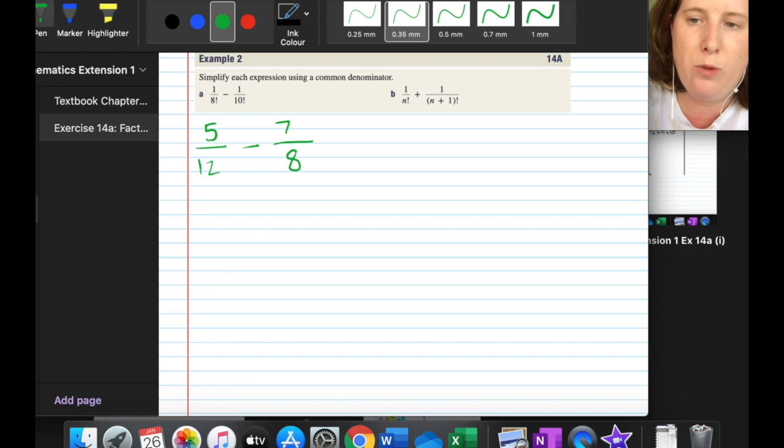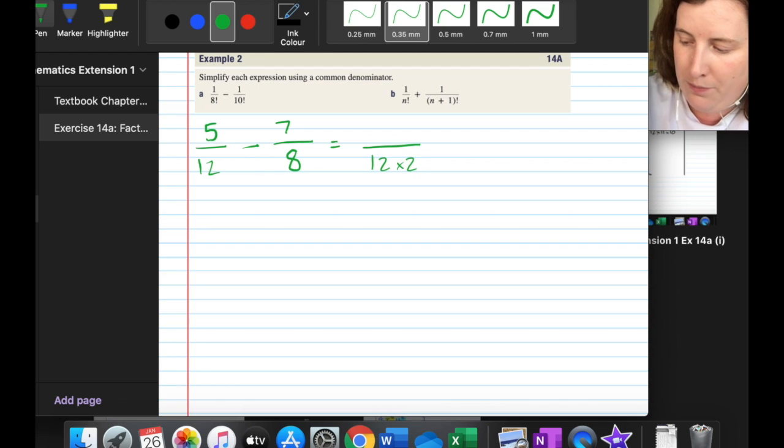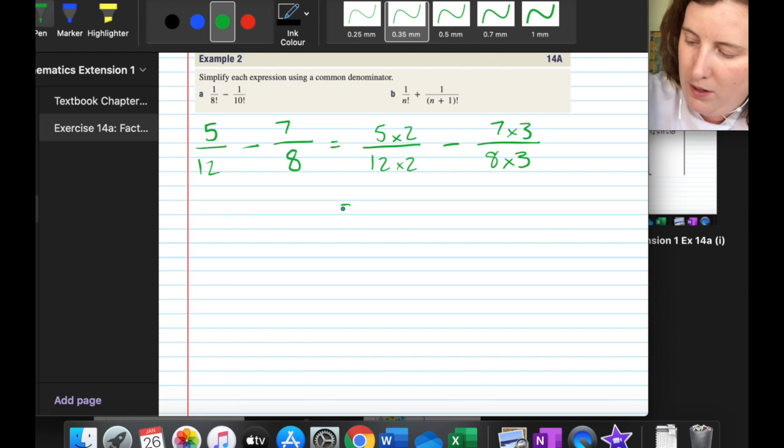Well, let's go through our 12 times tables until we get something 8 also goes into. We've got 12, 24, yeah, 8 goes into 24. So that was really easy. So 12 times 2 is 24. 5 times 2 minus 7 times 3 over 24. We get 5 times 2 is 10 over 24 minus 21 over 24.